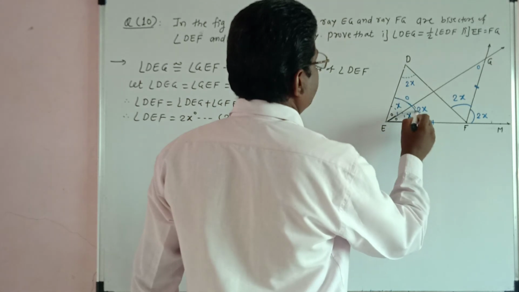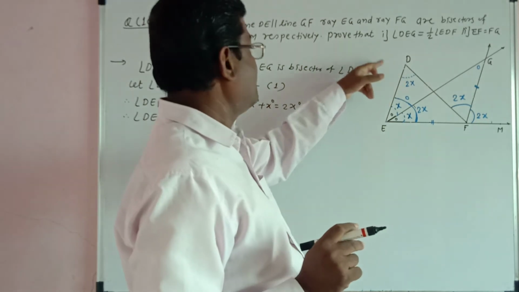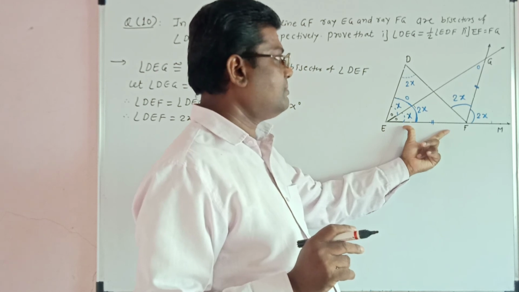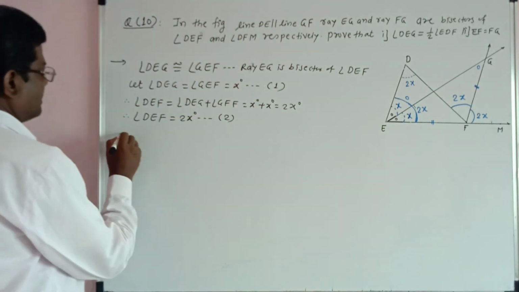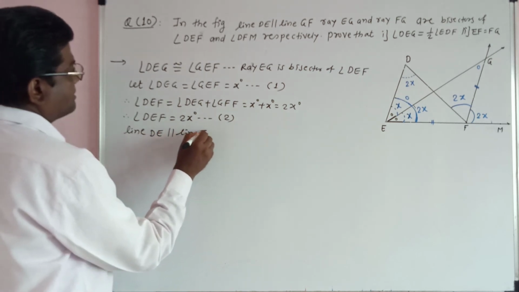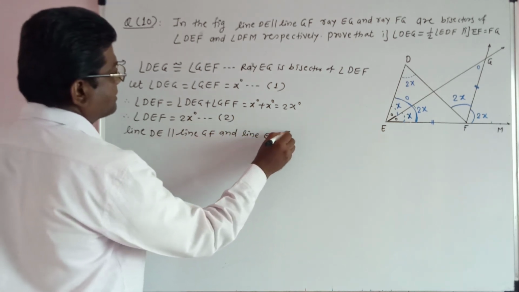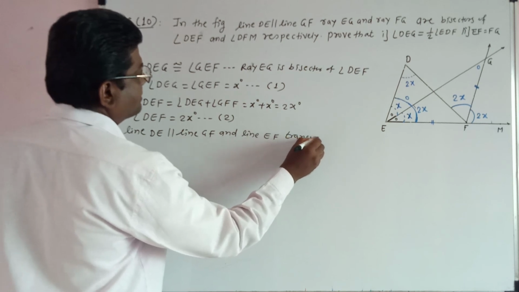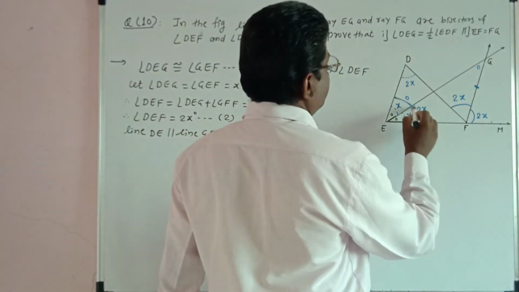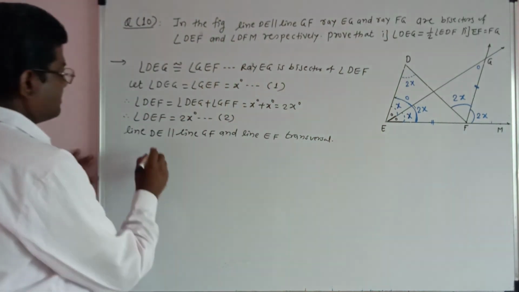Now this angle will be 2x degrees. Now line DE is parallel to line GF and line EF is a transversal. Therefore this angle and this angle are corresponding angles.